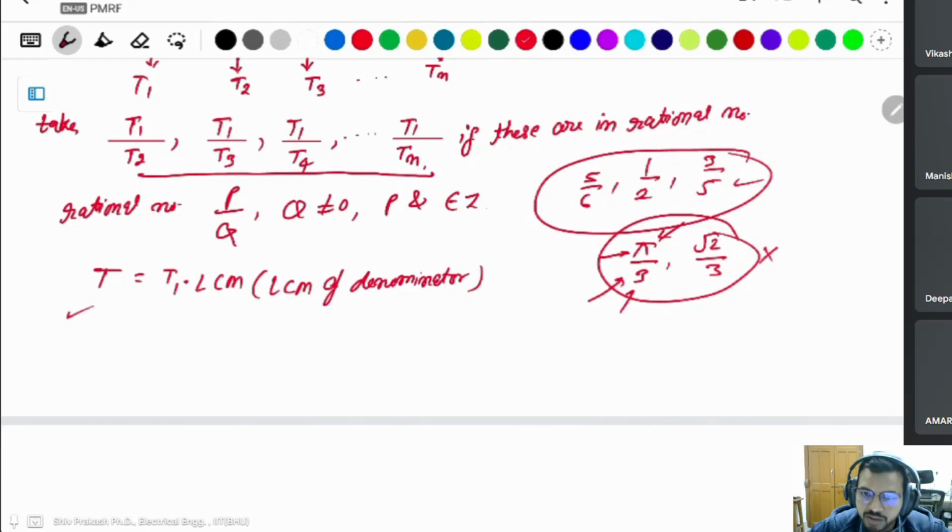You can find the fundamental time period, okay, by this method.